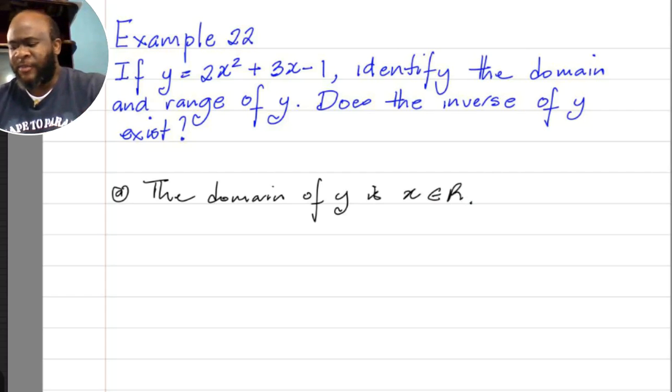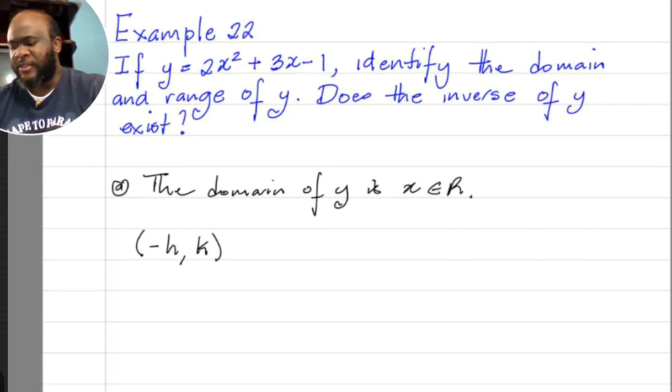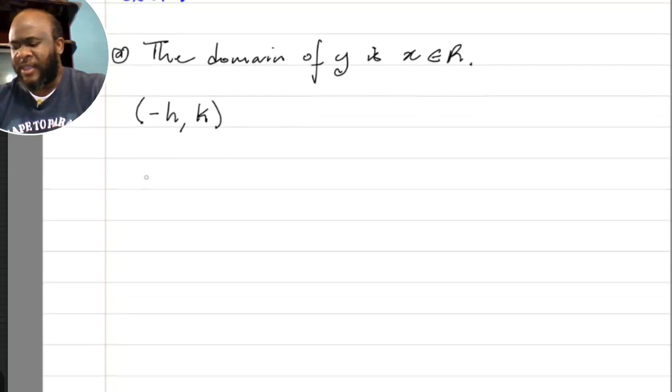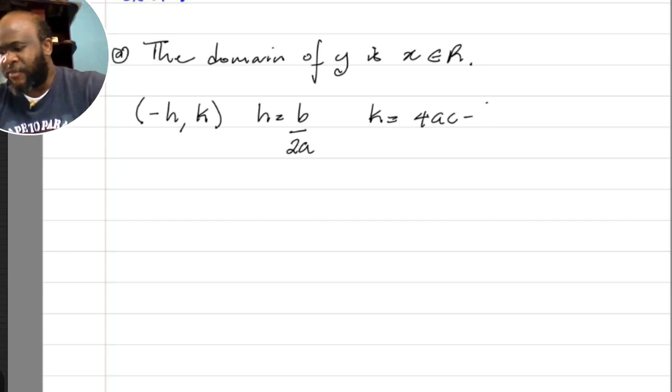The minimum turning point is minus h, k, and this is from our knowledge of completing the square. Where h is equal to b over 2a and k is equal to 4ac minus b squared over 4a.